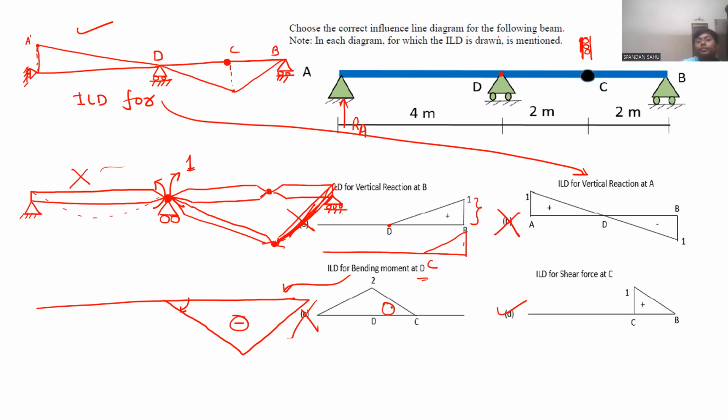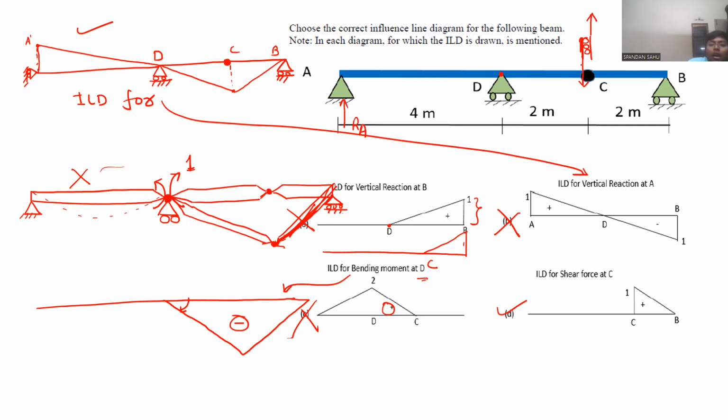Now apply unit lift. Now check. For shear force, at a section, this part downward and this part upward is taken as the positive sign convention. This is the sign convention we are taking.